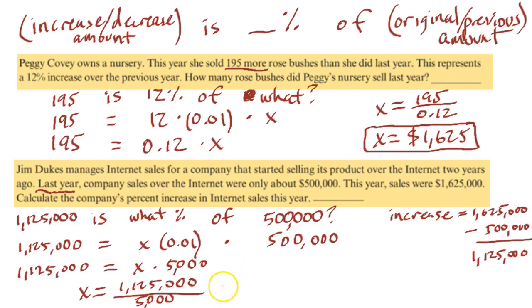So 1,125,000 divided by 5,000 is 225. So as you can see, that is the what. So 225 is the percentage, the what percent. So the company's percent increase in internet sales this year is 225% from the previous year.